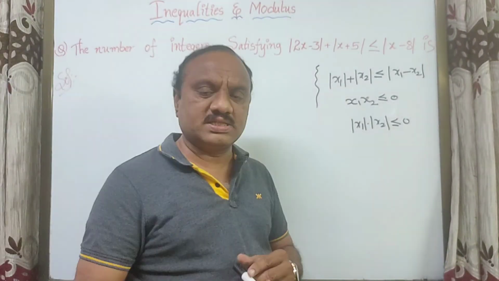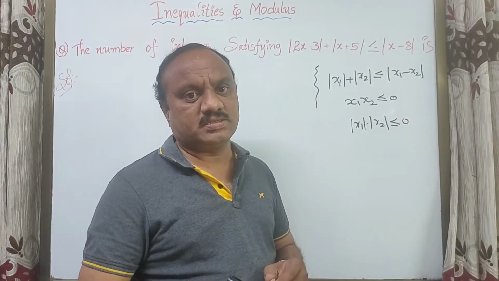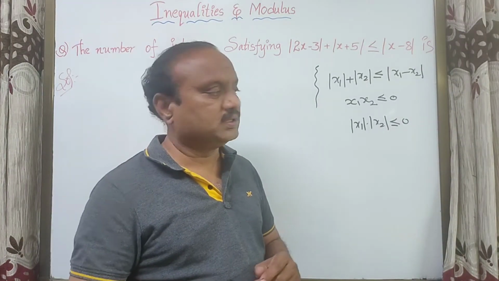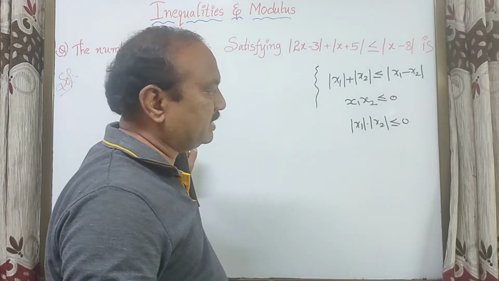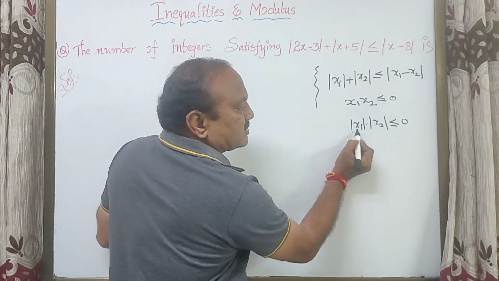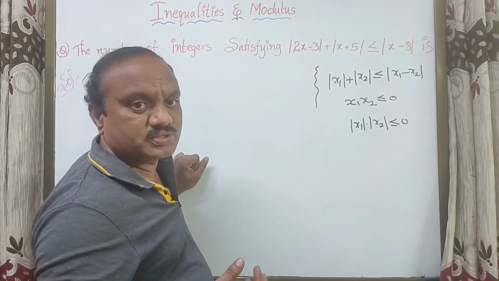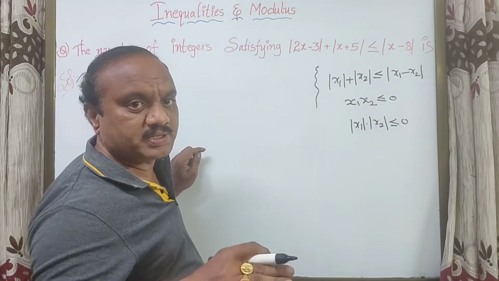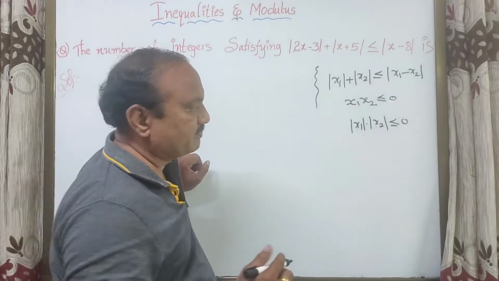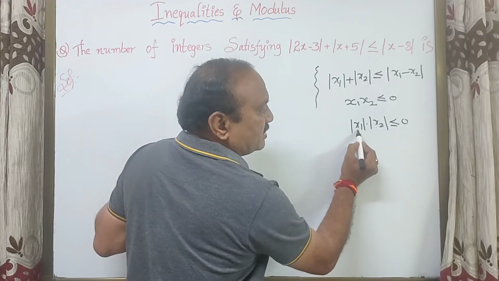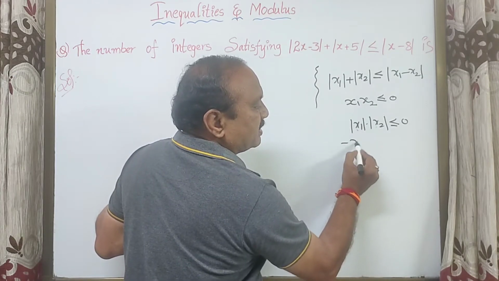Generally, mod is always positive, no doubt at all. Here x1 and x2 are unknown values. Some may be positive, some may be negative. For example, if x1 is negative, this value becomes minus x1.